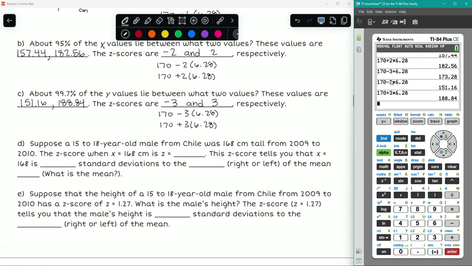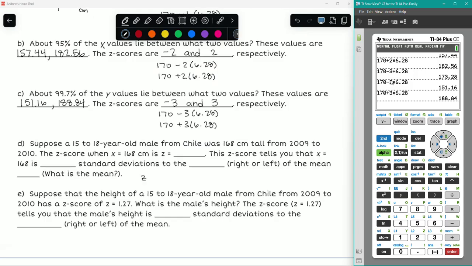So the next question says, suppose that a 15 to 18-year-old male from Chile was 168 centimeters tall from 2001 to 2010. The z-score when x equals 168 is blank. And we know how to calculate that.